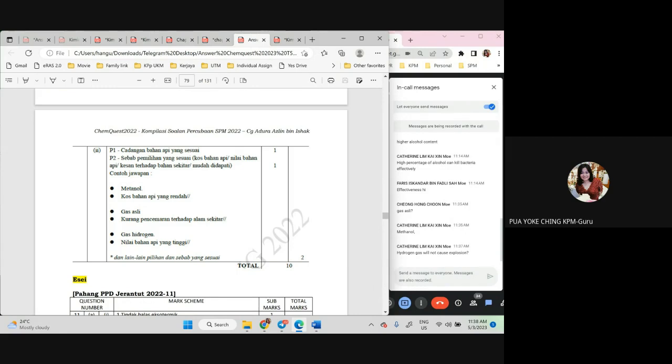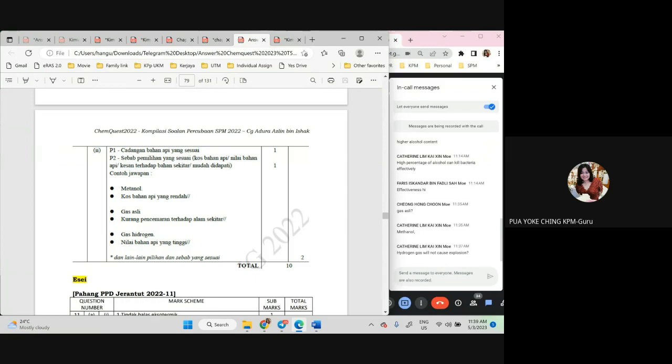You tahu tak kenapa soalan ini dia boleh terima semua? Sebab semua pilihan yang mereka bagi ini ada keburukan. Methanol will cause kesan pada alam sekitar. Gas asli is a non-renewable source, kan? Dia semakin berkurangan.